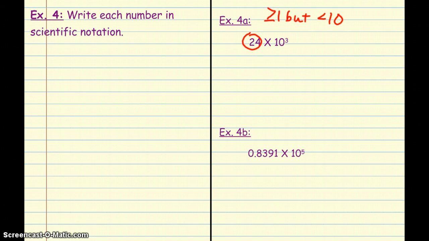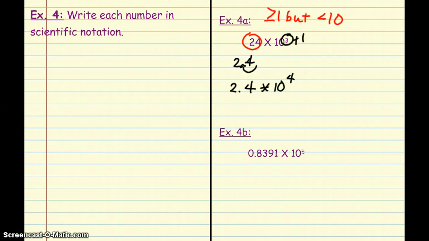So we've got the number 24. And just like before, I'm going to move that decimal over 1 place to the left, times, and now we have to do something with this exponent of 3. What do you think that's going to be? We're going to add one more onto that, so 3 plus 1 becomes 4.